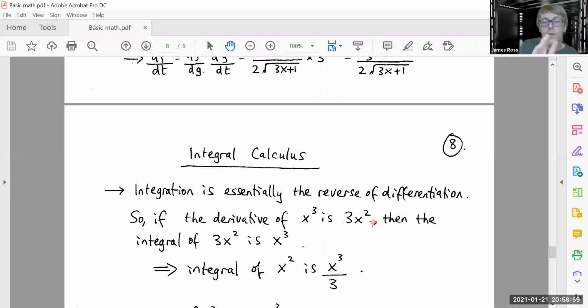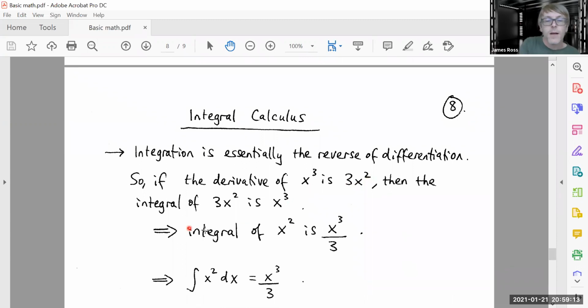Then reversibly, the integral of 3x squared is x cubed. So they reverse each other. You can always check if you've done something right by trying to do the opposite argument, to see if you return. So the integral of x squared is x cubed over 3.